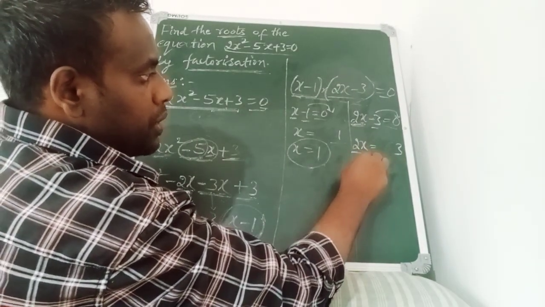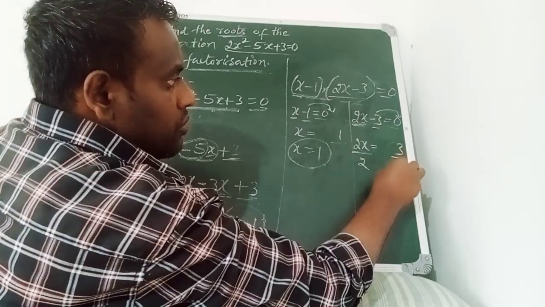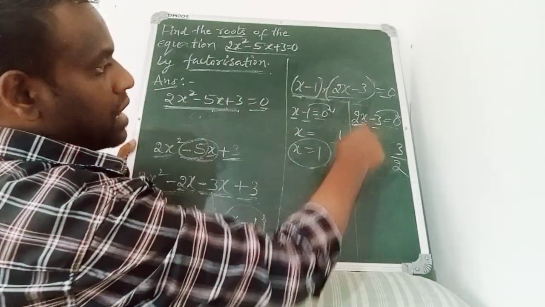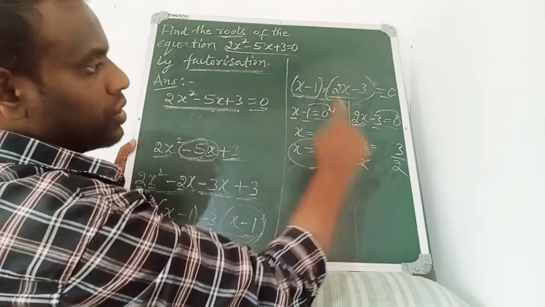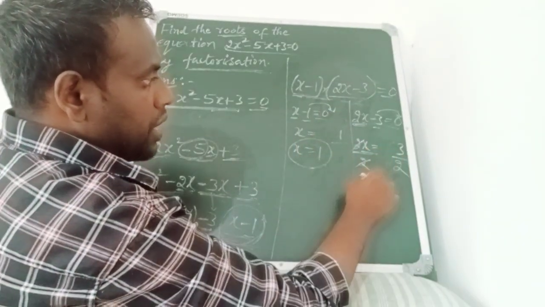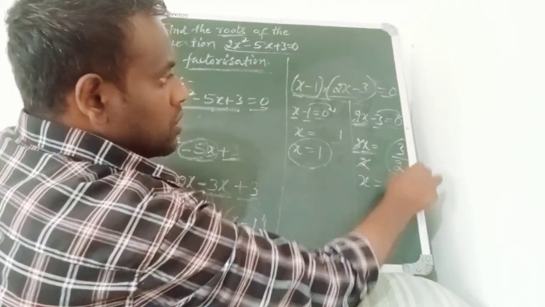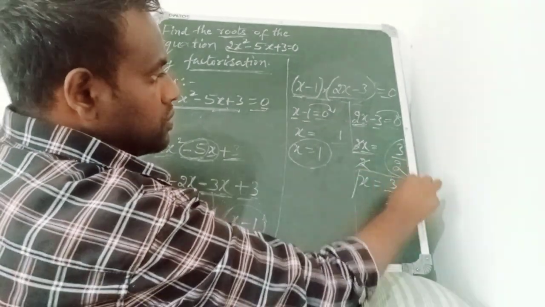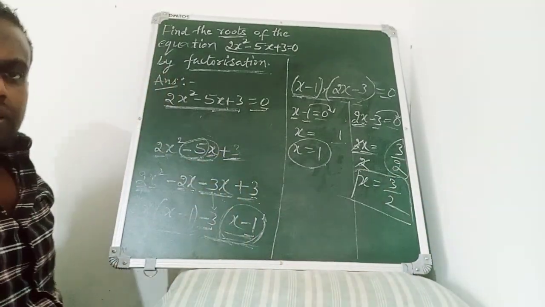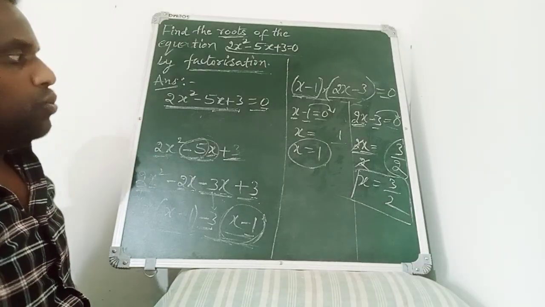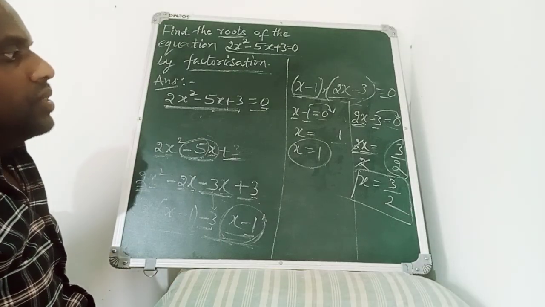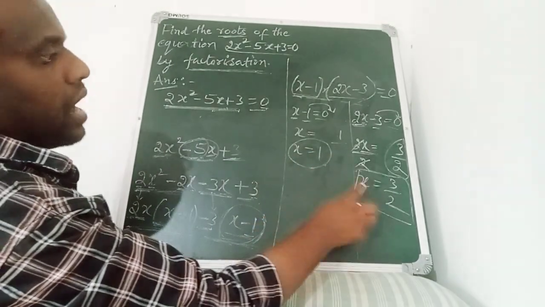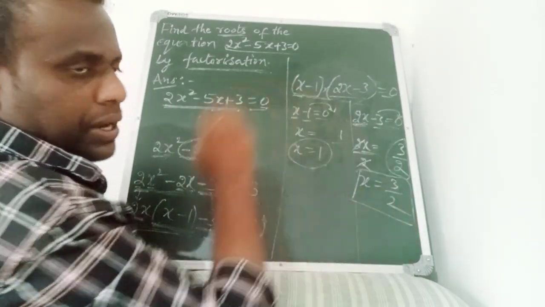This side I am going to divide by 2, this side also divide by 2. Now 2 cancels out because it is common. Here also 2, here also 2. What is left? x is equal to 3 by 2. I hope we got it. Now these are the roots: x is equal to 1 and x is equal to 3 by 2.